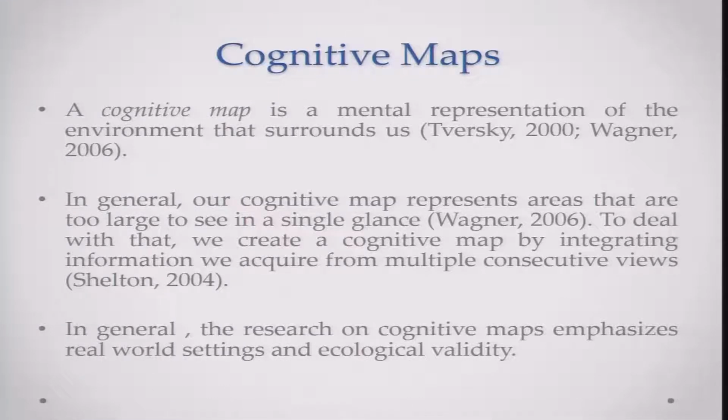So, what is a cognitive map? I am sure all of you at different points in time have been making these cognitive maps. Let me define them for you a little bit. A cognitive map is a mental representation of the environment that surrounds us. So, if I ask you to make the map of, let us say, the park near your home, or the colony near where you're living, or a map that takes you from your home to your workplace, you're actually plotting a complete layout of those areas.